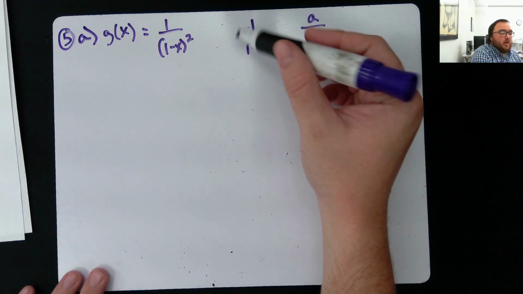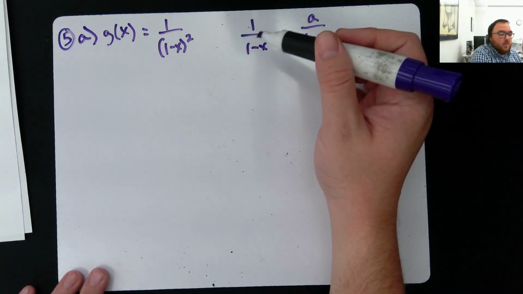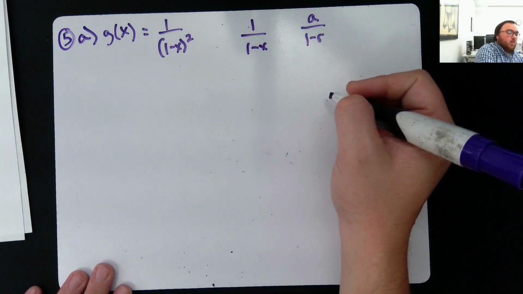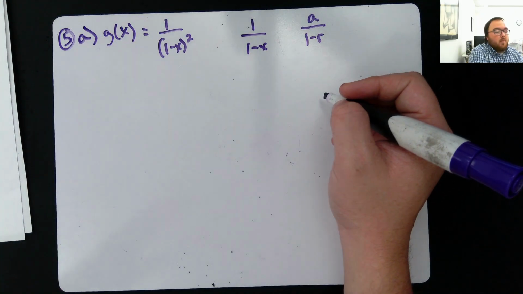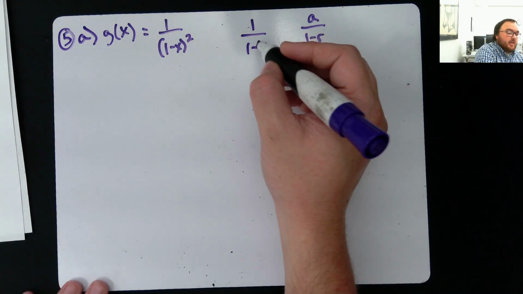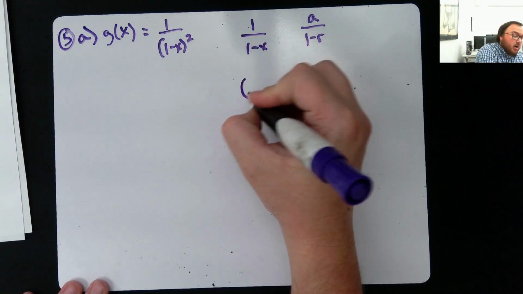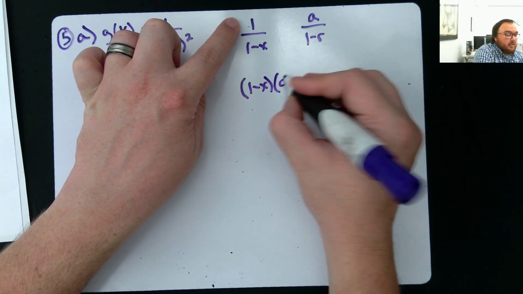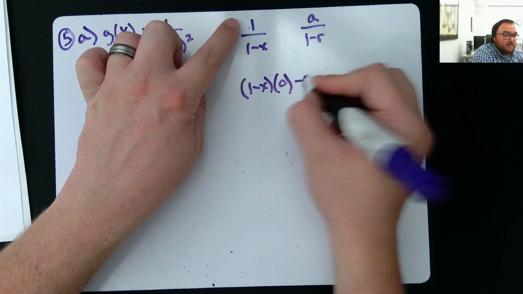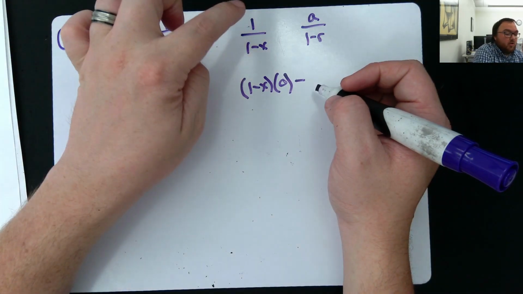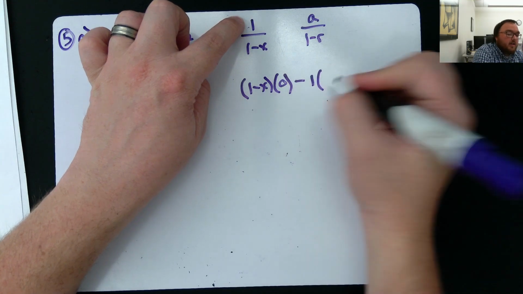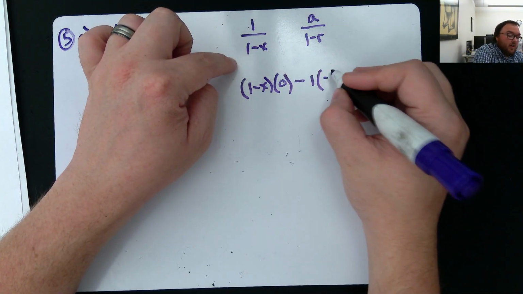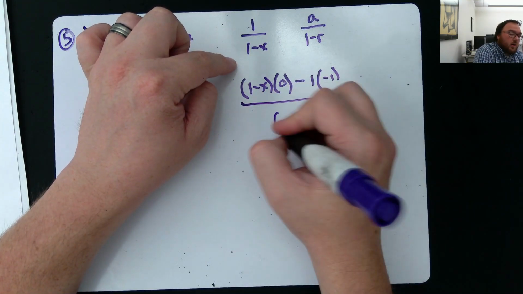Let's find the derivative of this, okay? The derivative of this, I would use the quotient rule, right? Remember the quotient rule is low d high minus high d low over low squared, which means I would take my denominator times the derivative of my top, which is 0, minus high d low, so my numerator, which is 1, times the derivative of the denominator, which is negative 1, over the denominator squared.